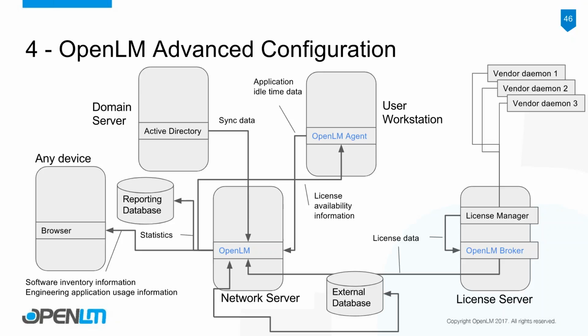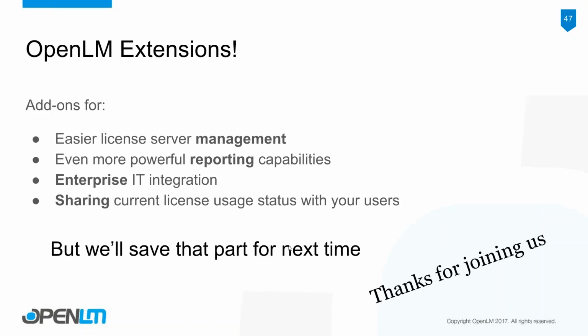With the optional OpenLM directory synchronization extension, for example, users and organizational unit information in OpenLM is updated from the Active Directory itself. With the OpenLM Reporting Hub extension, for example, a dedicated report database is automatically created once a day, ready for querying, ready for imposing any BI tool on it.